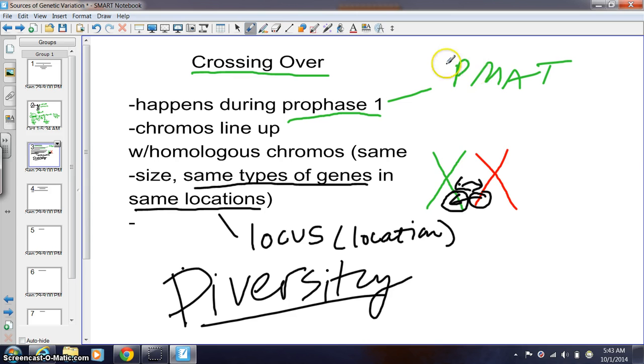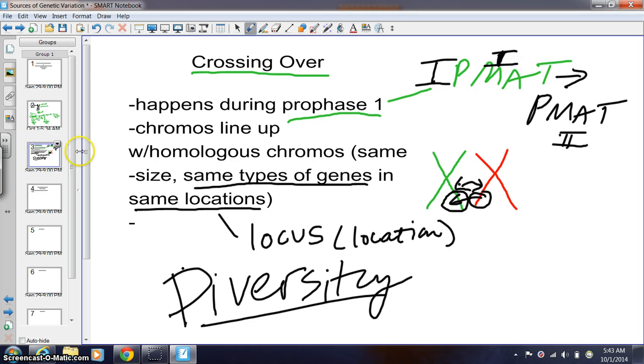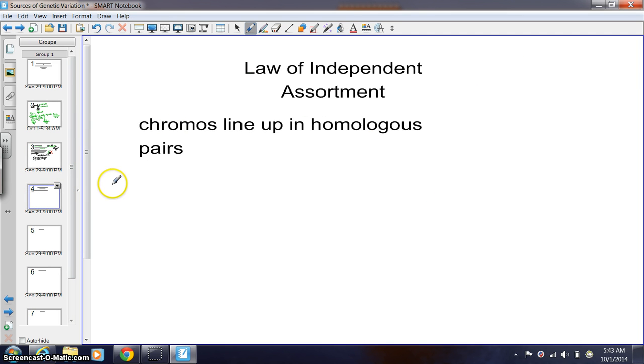And in meiosis, meiosis 1 starts out with interphase, but it's not technically a phase. And then it'll go through all these, and then it'll jump to PMAT again, but it is PMAT 2. That's meiosis 2. And the same thing here. Oh, this is 1.